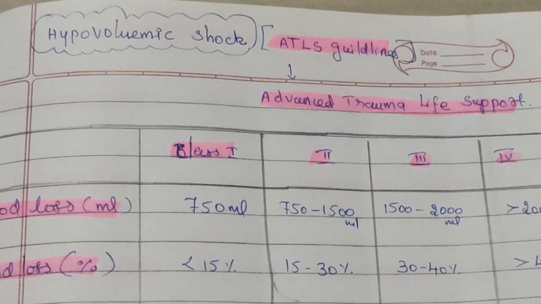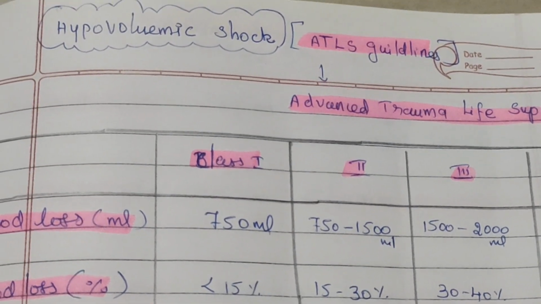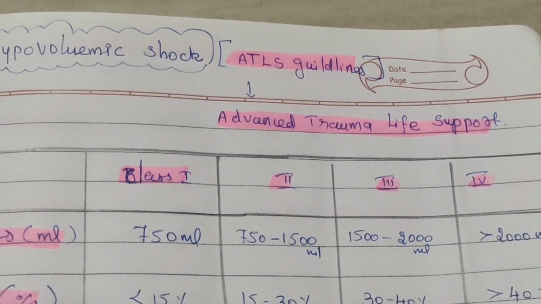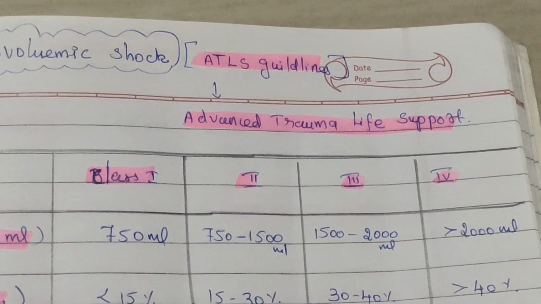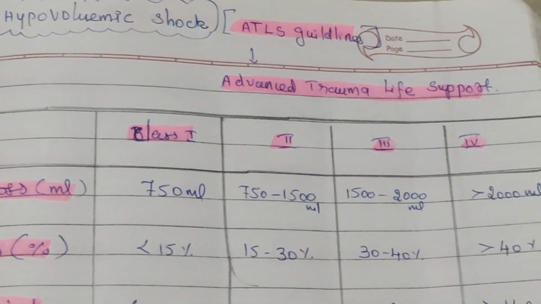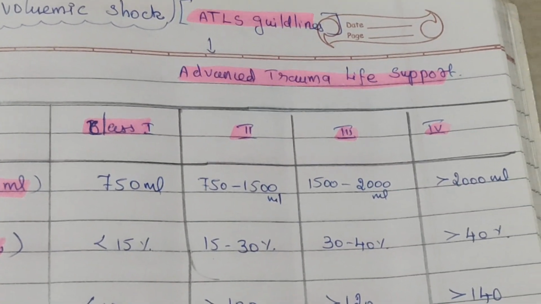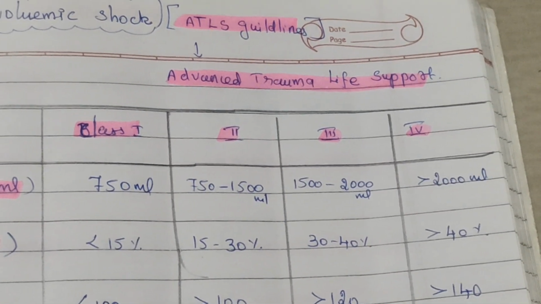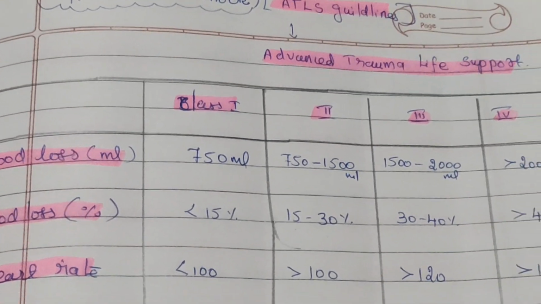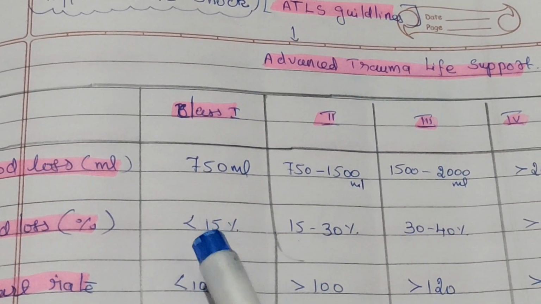Next, how to grade hypovolemic shock as per ATLS guidelines, Advanced Trauma Life Support. They have 4 grades or 4 classes. Class 1, blood loss up to 750 ml.